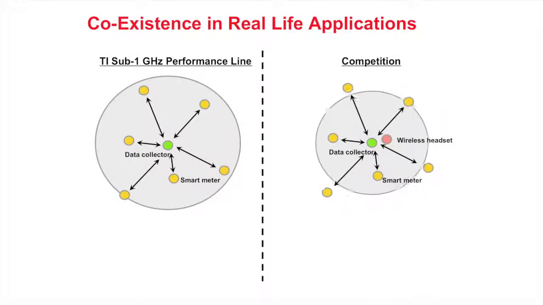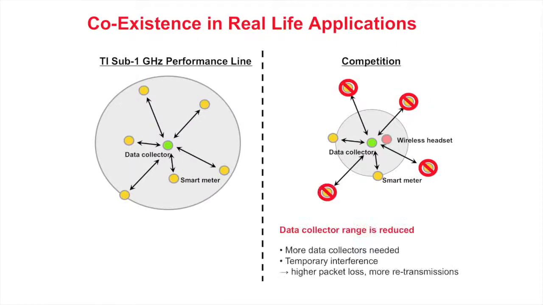The wireless headset interferes with the range of the data collector, making it impossible to communicate with the far-out nodes. Since the data collector range is reduced, you will need more data collectors to have the same coverage area. Also, this is temporary interference. You will get higher packet loss and will need more retransmissions.